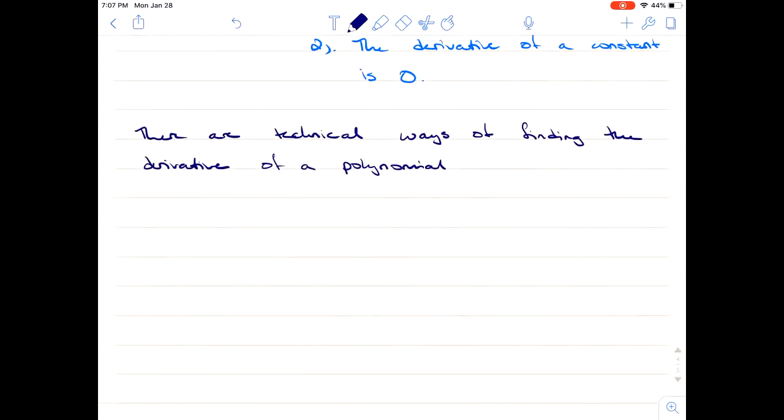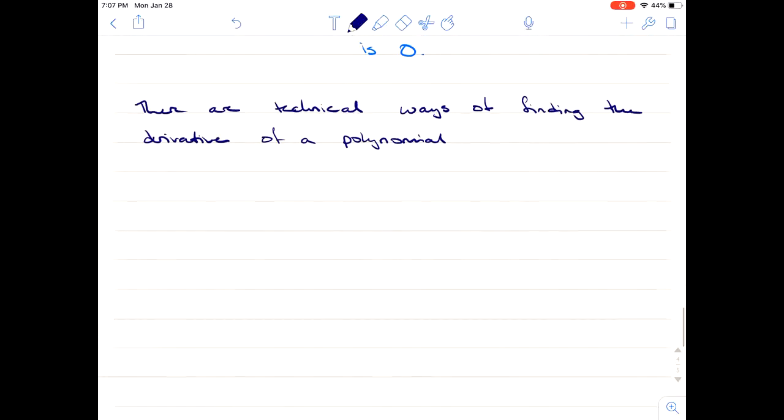But here I'm going to write down what I do, and hopefully it makes sense to you, because I just imagine giving it a bump from the right-hand side. Everything just kind of falls down and decreases by 1. You'll see in the example.